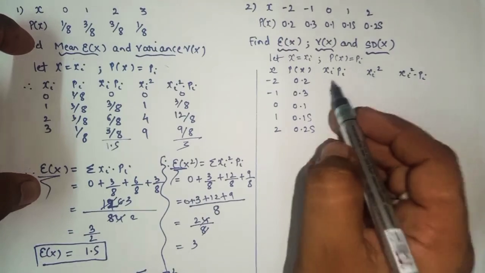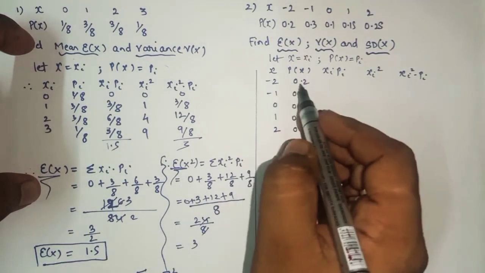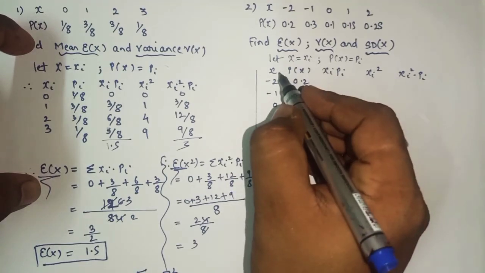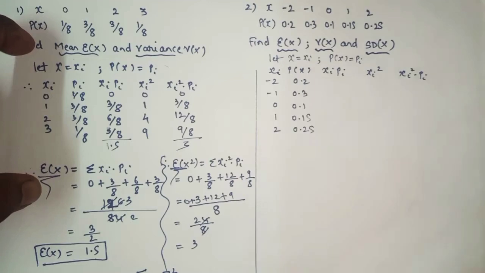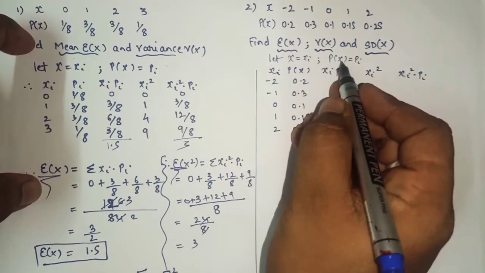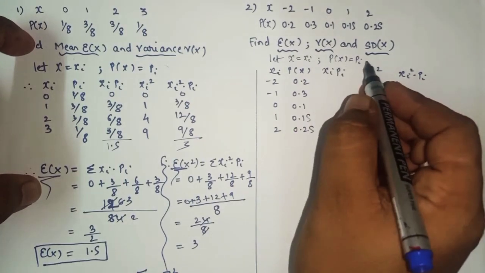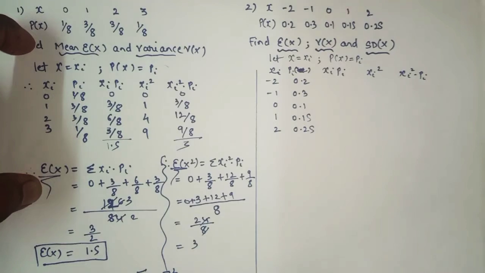Okay, xi pi means what? We have to multiply these two. So here you can write xi in place of x, and as p of x, here we took what? pi, so here you can write pi also.